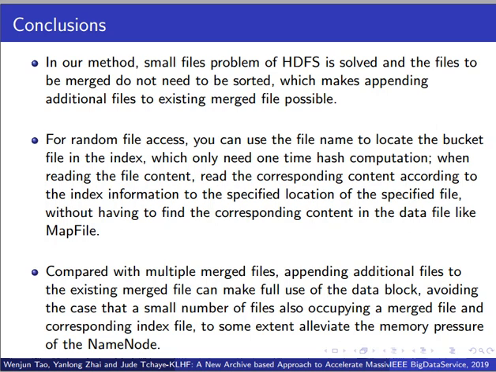When reading the file content, we read the corresponding content according to the index information at the specified location of the specified file, without having to find the corresponding content in the data file like MapFile.